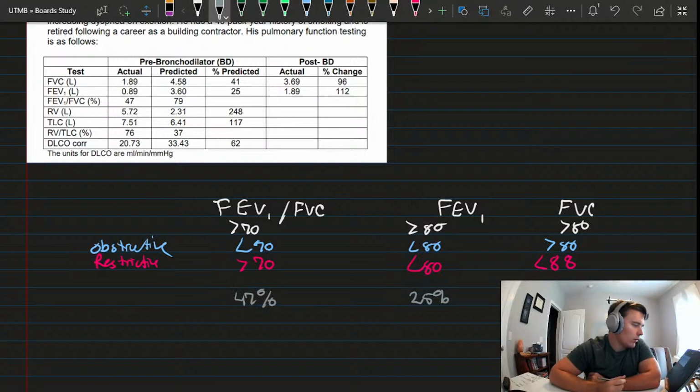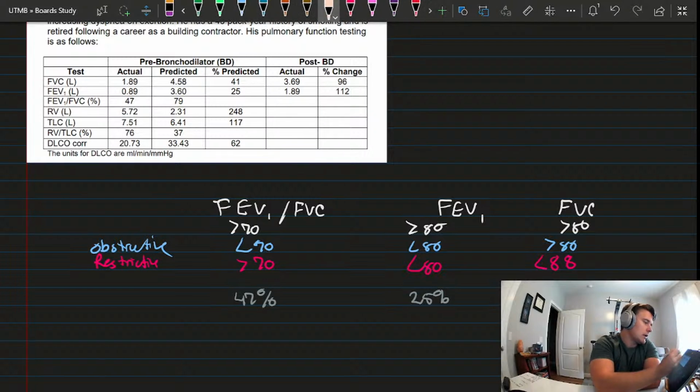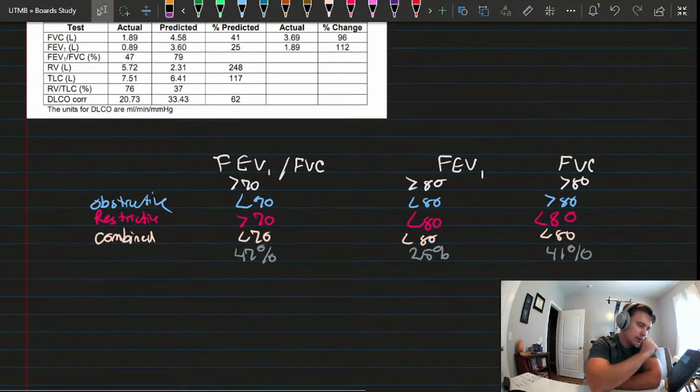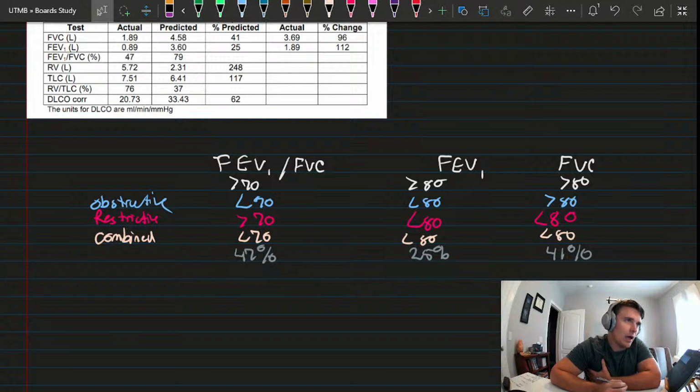So they are low all over the board. So if they're low all the way across, this is going to be a combined. So we can write combined here. I didn't realize there was going to be so many combined. It's less than 70, less than 80, less than 80. So this is combined restrictive and obstructive.